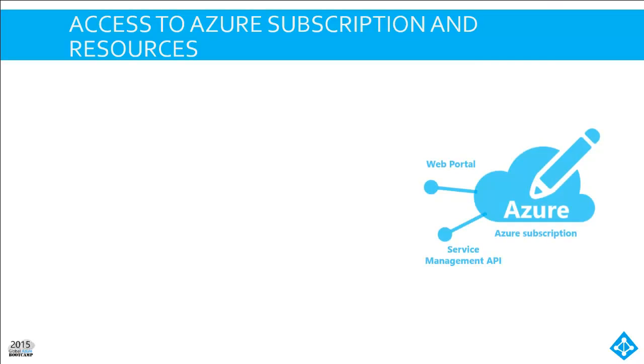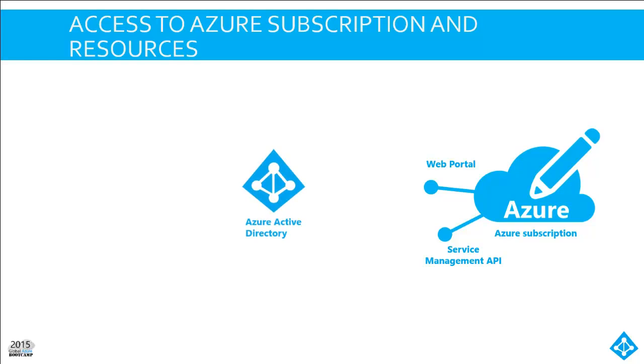Without any further hesitation, let us quickly review the situation today. From one side we have our Azure subscription, and this Azure subscription can be managed through a web portal or web portals, and then we have service management APIs. How do we authenticate and authorize actions through the portal or through these service management APIs?